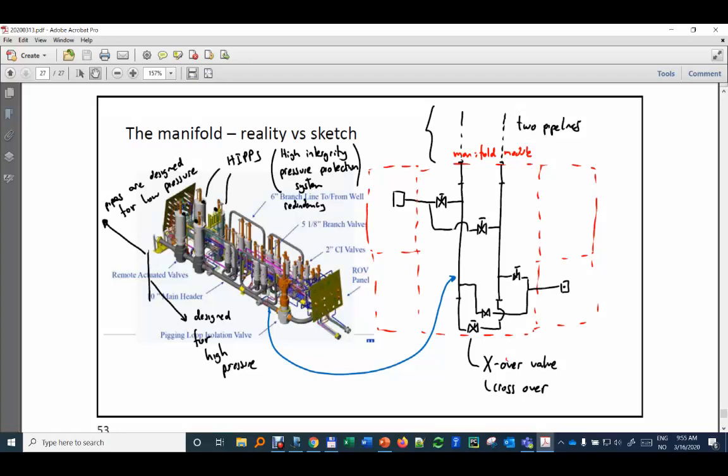So you make these pipes to tolerate much less pressure, but you have this safety system in place: if they see any overpressure, with pressure sensors seeing that the line pressure is increasing and getting close to the rating pressure, they simply close and protect the downstream system from the upstream system, which is made for high pressure. And you have redundancy, that's why you have two, and two lines because you have two headers.